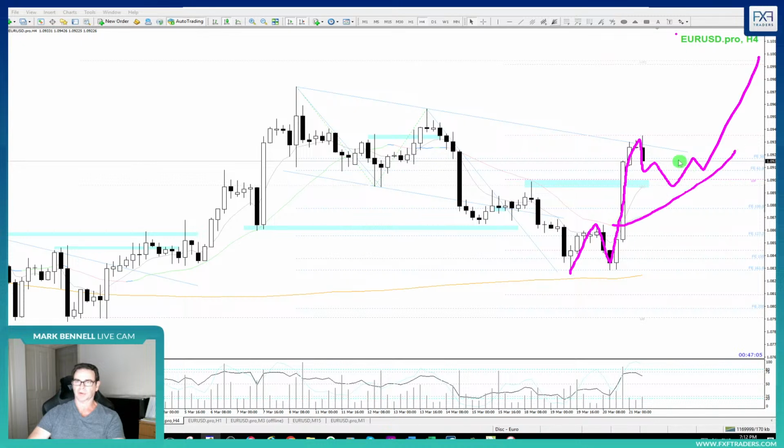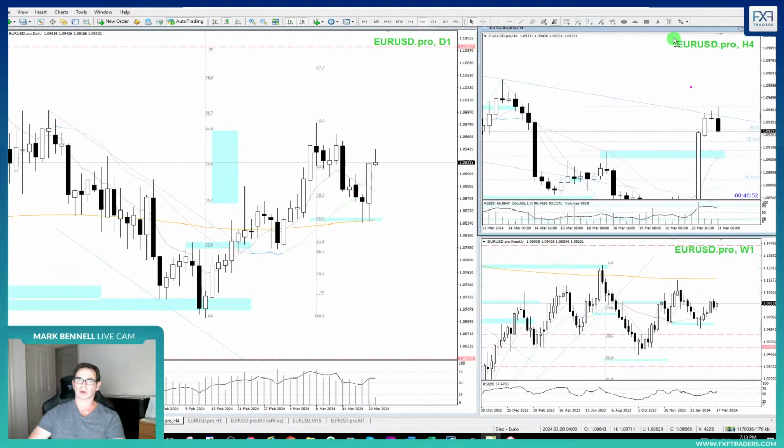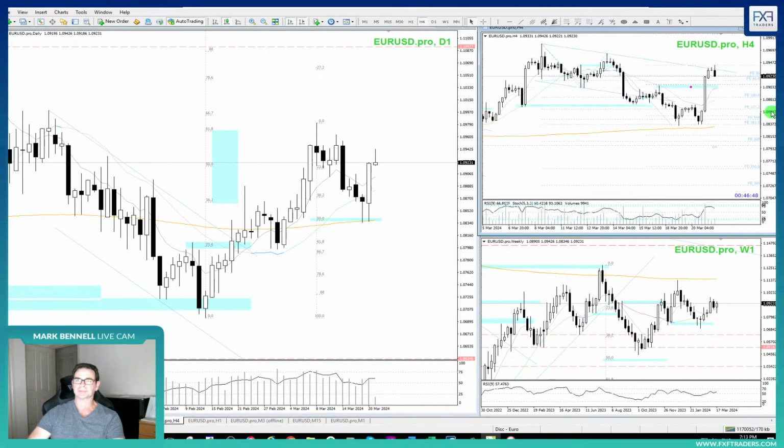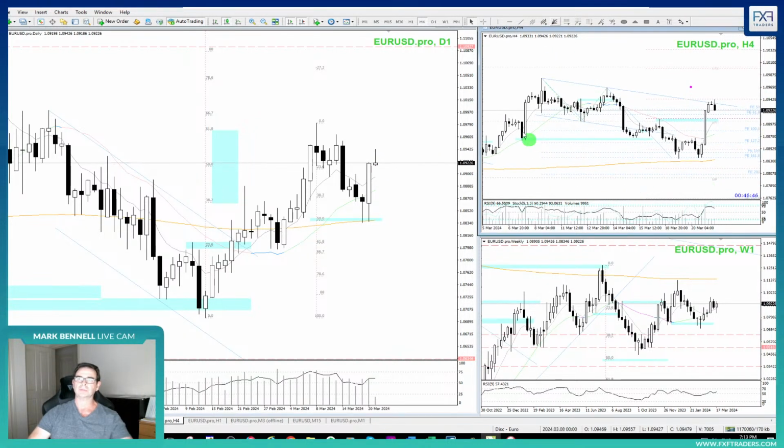See if we can get a swing or something there. It's already had one attempt at breaking the trend line, channel line, so the next attempt should go through. So euro dollar is okay. It's now in this igniting position that we like.